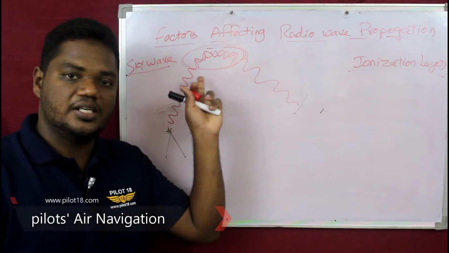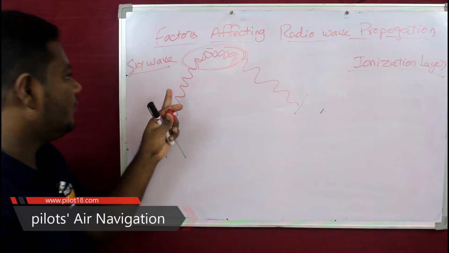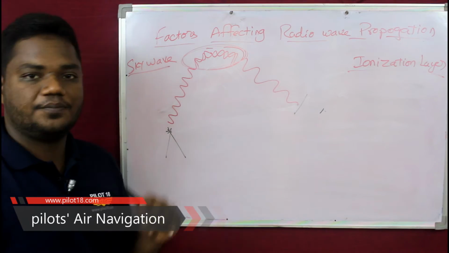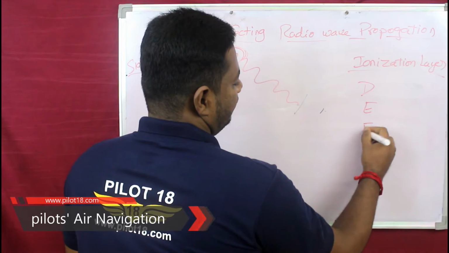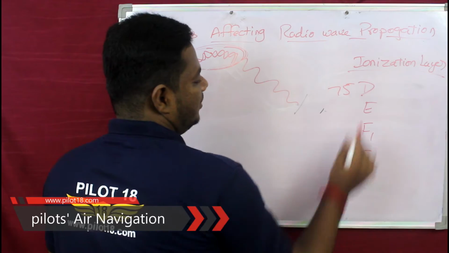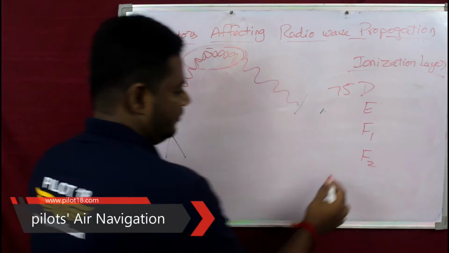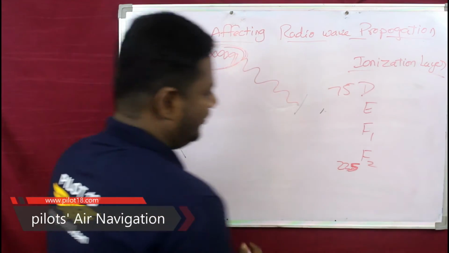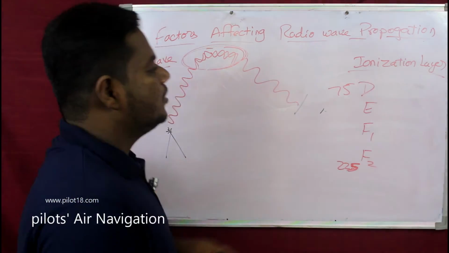Because there is an ionization layer, which is a disturbance due to solar activity, the disturbance causes the radio wave to refract. The ionization layer has the D layer, E layer, F1 and F2. The D layer starts at 75 kilometers and the F layer goes up to approximately 225 kilometers, close to 225, not exact.